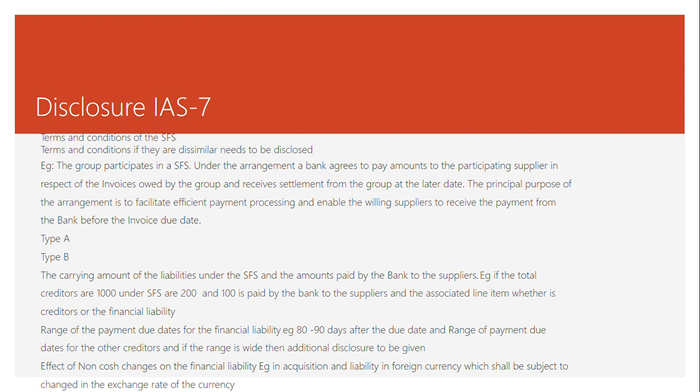The carrying amount of the liabilities under the SFS and the amount paid by the bank to the suppliers need to be disclosed. For example, if the total creditors are 1000 and the supplier financing scheme is for 200, then these 1000 and 200 need to be disclosed, and out of this 200, how much is paid by the bank to the supplier, say that figure is 100.